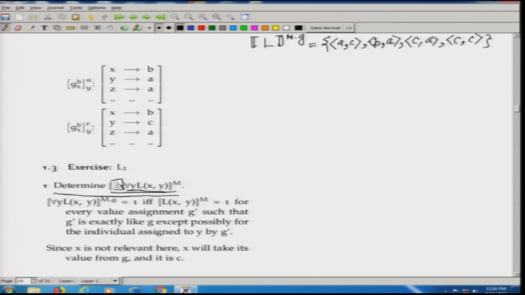So the denotation of all y LXY with respect to M,G is 1 if and only if the denotation of LXY with respect to M, G prime, is 1 for every value assignment G prime, such that G prime is exactly like G except possibly the individual value assigned to y by G prime.